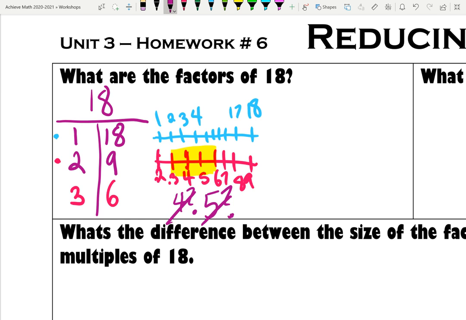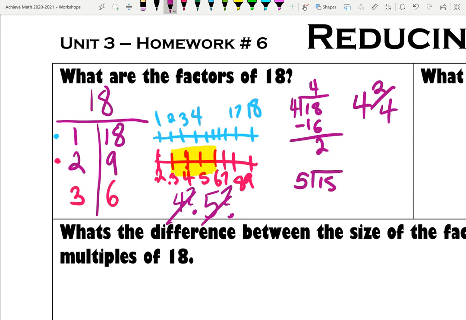When you divide 18 by 4, you're going to have a remainder. 4 goes into 18 4 times. You subtract 16, and you have a remainder of 2. 4 is not a factor. It has a remainder. Likewise, 5 is not a factor for the same reason. 5 goes into 18 3 times.